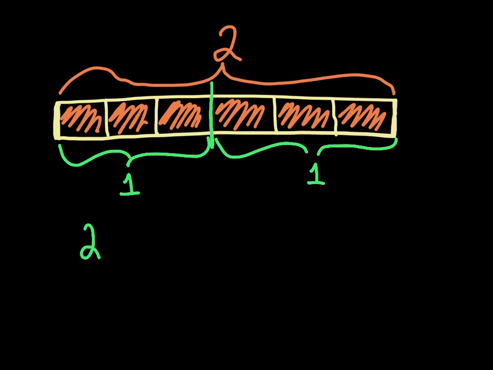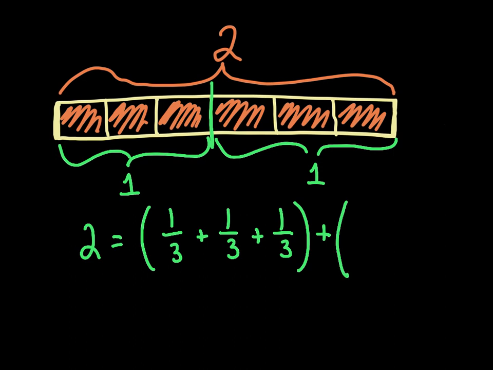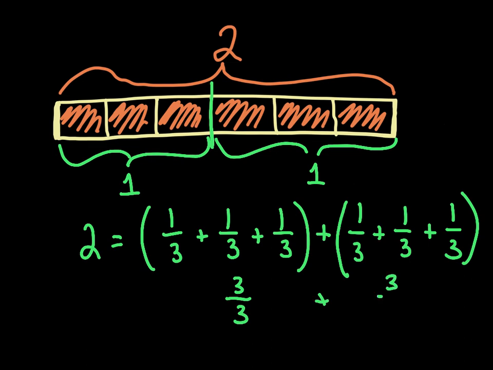Well, we can say 2 wholes is 1/3 plus 1/3 plus 1/3 in parentheses, plus, now we have to get the other whole, 1/3 plus 1/3 plus 1/3. And that is all going to give you 2 wholes, because 3/3 plus 3/3 is 1 plus 1, because anytime you have the numerator and the denominator the same, they always equal 1.